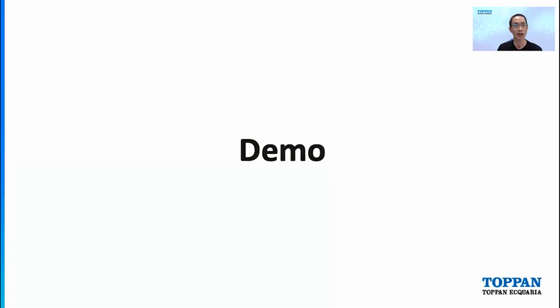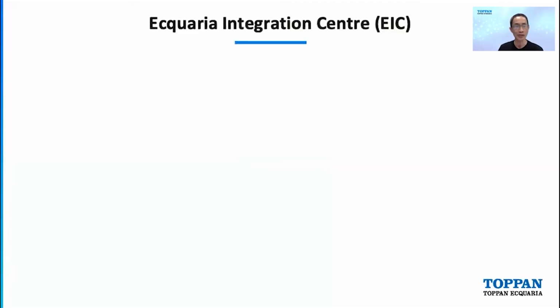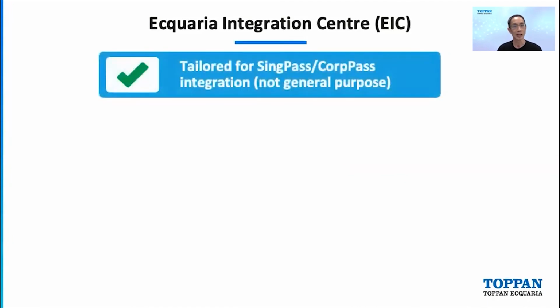Thank you very much. Okay, so after the demo, let me just give a summary of our webinar today, which is a focus on the EIC, the Integration Center, specifically to help you migrate from SAML to OIDC. So it's a product that is tailored for SingPass COPA.